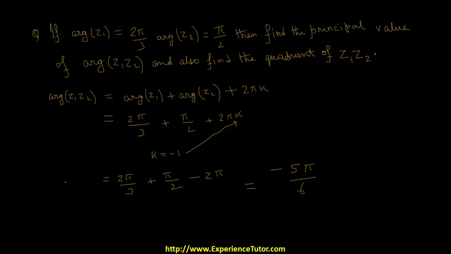Therefore, z1 z2 argument is equal to minus 5 pi by 6 and it will fall in the third quadrant. Which quadrant? Third quadrant.